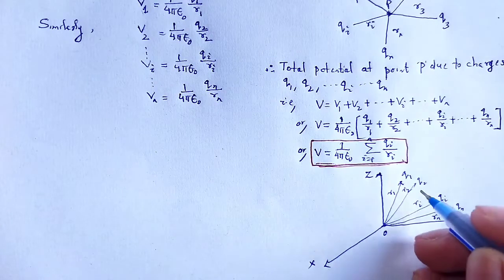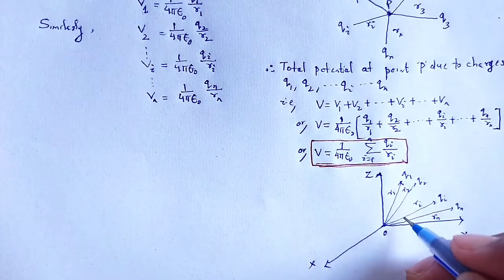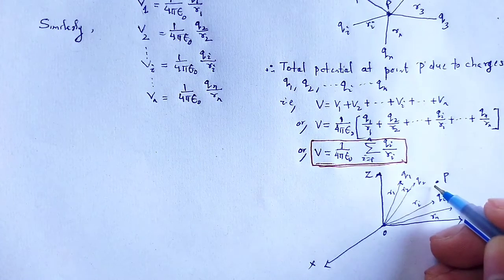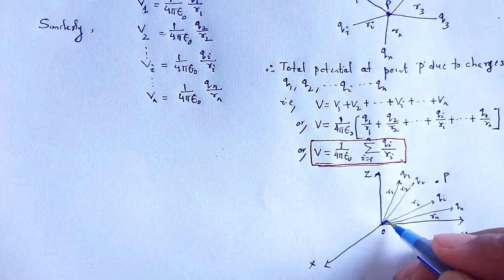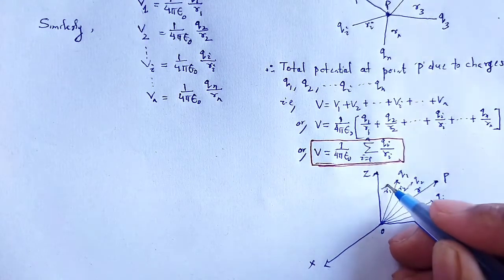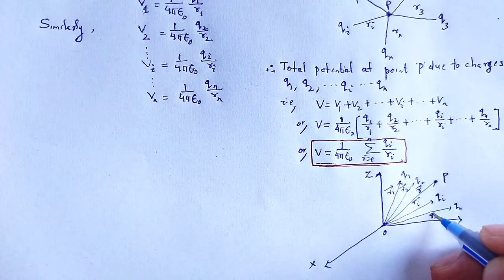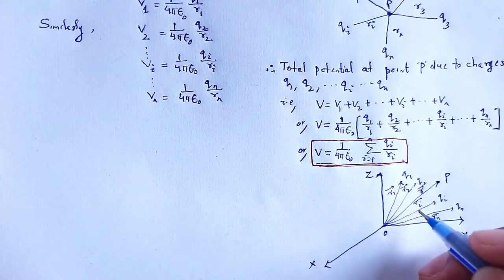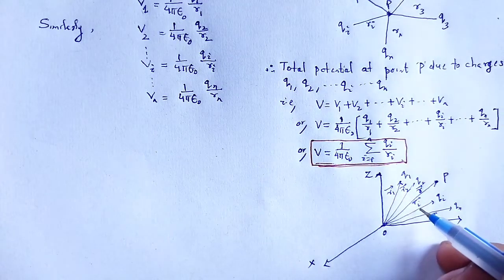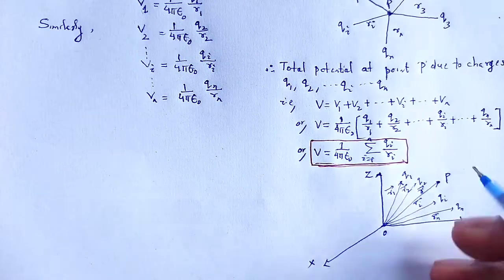These are the position vectors of the respective charges from the origin. Let us take a point P which has the position vector r vector from the origin O. Let ri be the position vector of the charge qi from the origin.